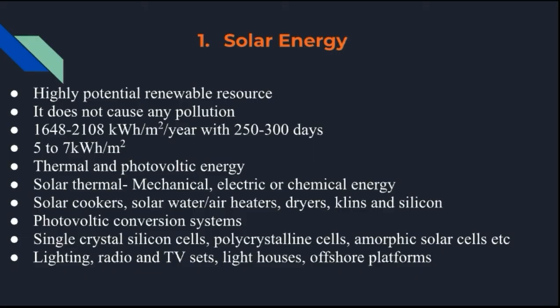Solar thermal devices such as solar cookers, solar water or air heaters, solar dryers, solar wood seasoning ovens and solar cooling systems have been developed. The photovoltaic conversion system converts solar radiation directly into electricity through silicon solar cells.